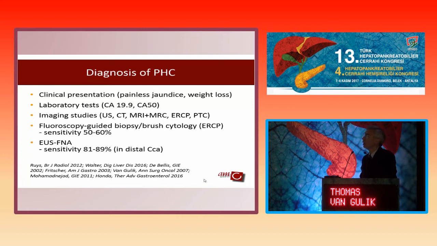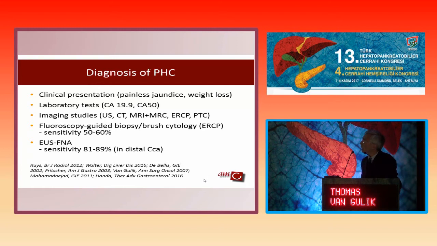So what is the usual algorithm, or what's the usual scheme for diagnosis of these patients? Clinical presentation is important. They usually come with painless jaundice and weight loss. Laboratory tests are of limited value, but the CA 19-9 is, I think, an important point. However, when you have a patient who is jaundiced, CA 19-9 is unreliable because it is elevated because of the cholestasis. There's a whole range of imaging studies you can use.